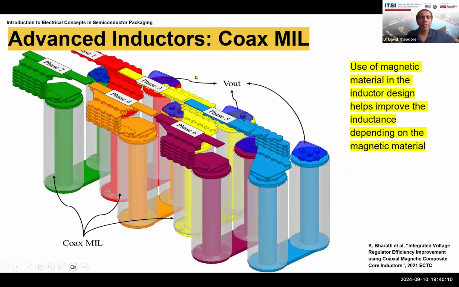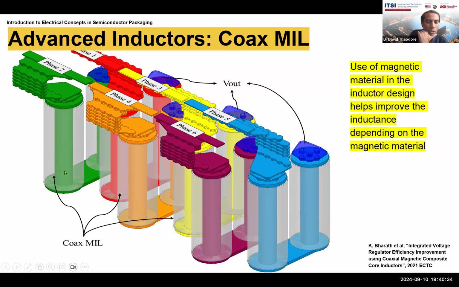So more advanced inductors are coaxial MIL, which is metal insulator, and L stands for the inductance. Here is an example where we use a magnetic material in the inductor design, and this helps to improve the inductance depending on the magnetic material. So you can see different phases and different inductors going with that.